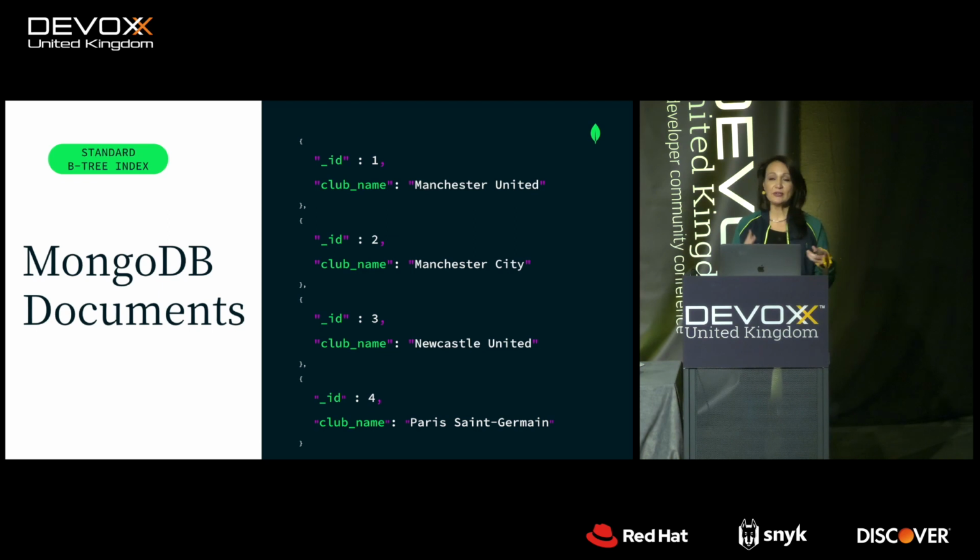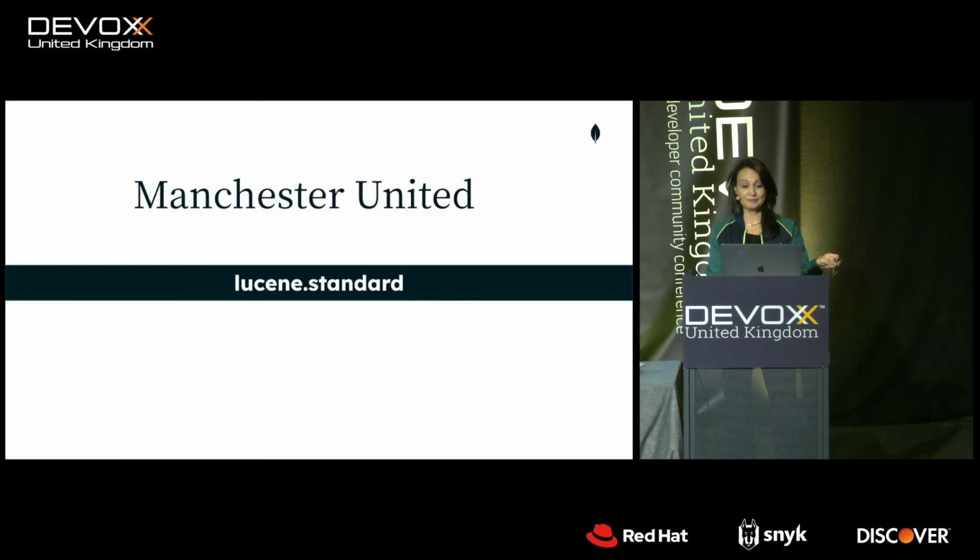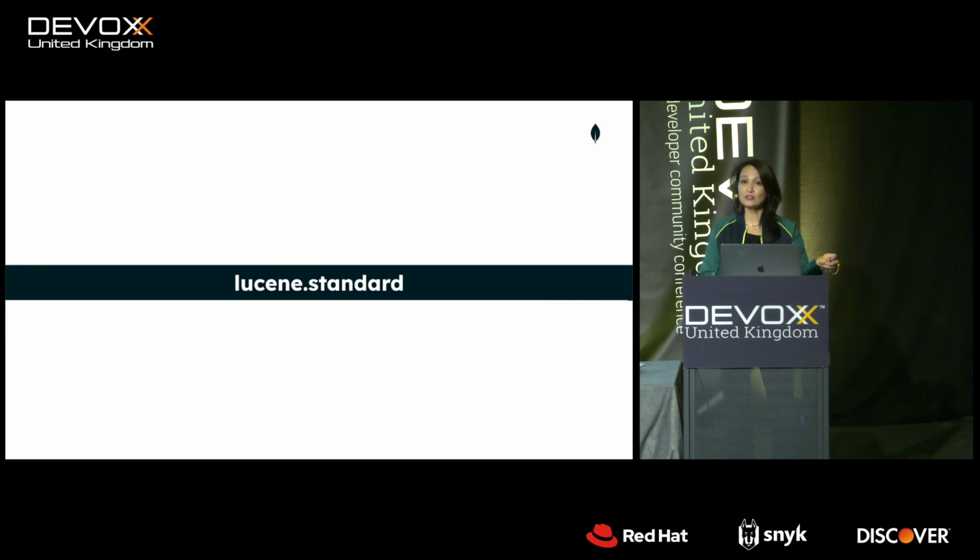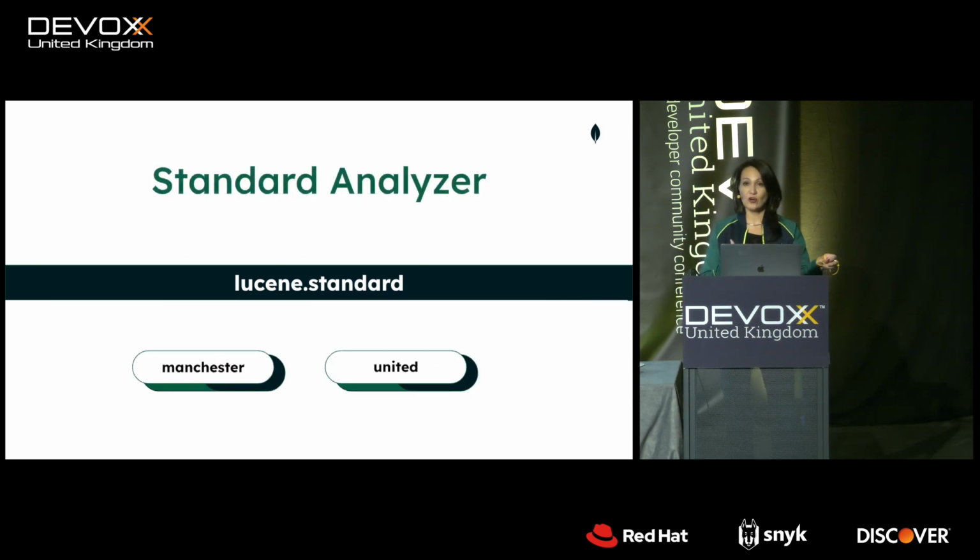In these MongoDB documents, I have different football team names. I have Manchester United, Manchester City, Newcastle United, and Paris Saint-Germain, just because I got to put Paris in there. And then they have their unique identifier in MongoDB. If I were to look through those documents for Manchester United, the default index is the standard Lucene index.